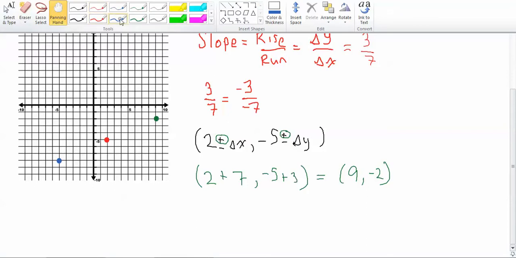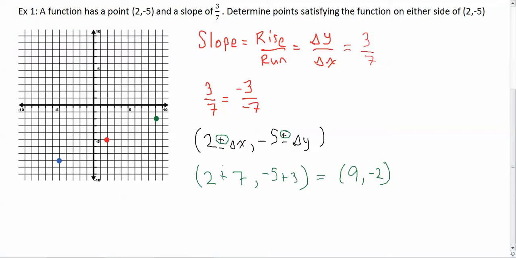So let's try the same for our blue. I want you to pause the video and try this one out. And what you're going to do is subtract both the delta x and delta y in this case. So what we're going to have is 2 subtract 7, comma, negative 5 subtract 3. And this is going to give me the coordinate negative 5, comma, negative 8.